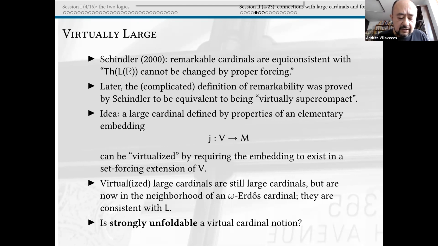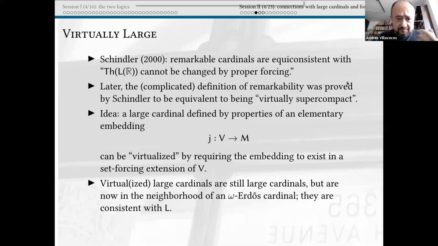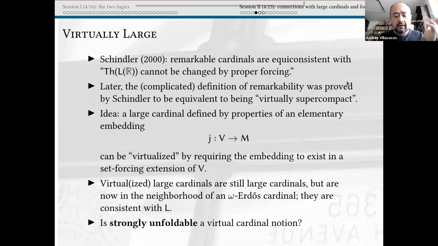At first it was the sort of thing that people like Roman Kossak or Schmerl would be interested in, and then it slowly became a more traditional large cardinal hypothesis, and many people, including myself, proved indestructibility properties of those cardinals, and so on.